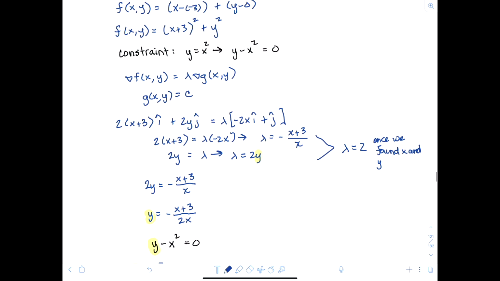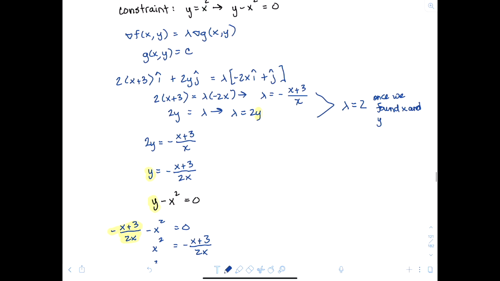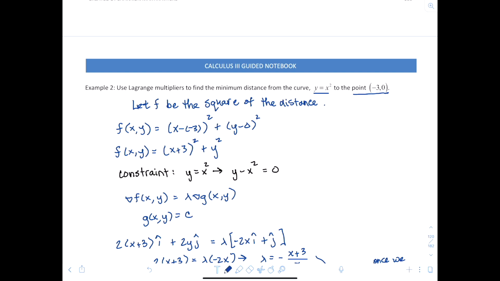Now we just need to figure out the minimum distance. So plugging this into f of x and y, let's look at what is f of negative 1 and 1. Well, that's going to be negative 1 plus 3 squared plus 1 squared. And that will end up being equal to 5. But remember, that was the square of the distance.